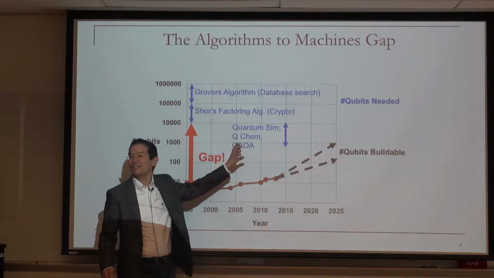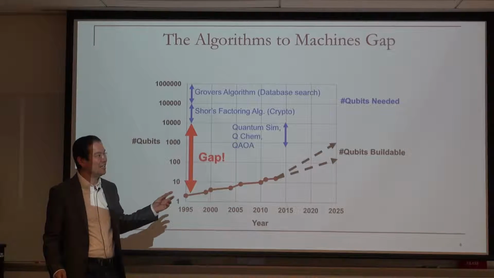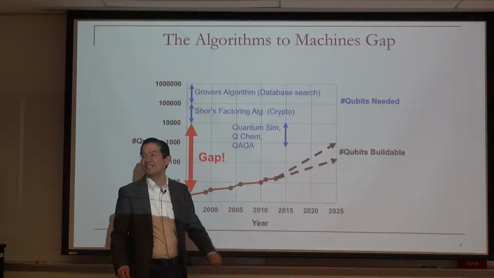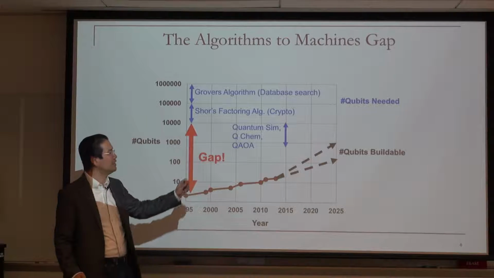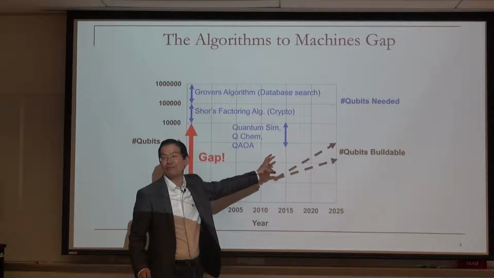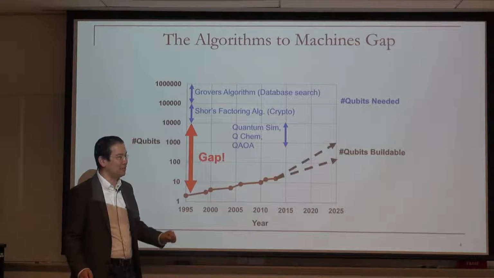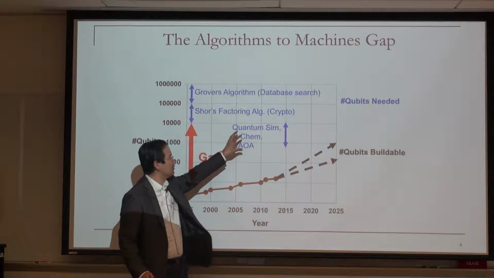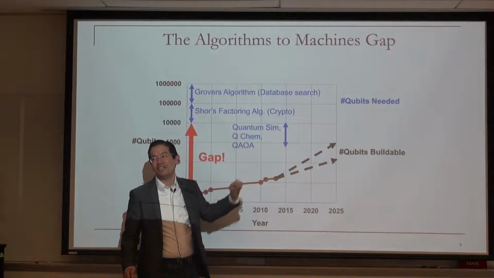Luckily, there are some interesting algorithms that require a much more modest number of bits. But still, there's a substantial gap of maybe 3 orders of magnitude between these algorithms being usefully run and the machines that we expect.